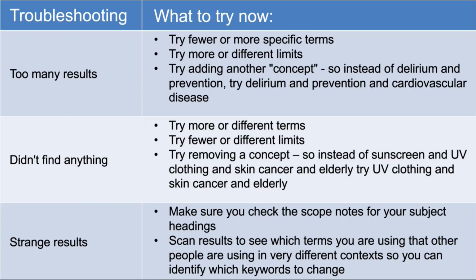If we didn't find anything, we would want more or different terms. We would want to use fewer limits, probably no limits if we didn't find anything at all. You might try removing a concept.